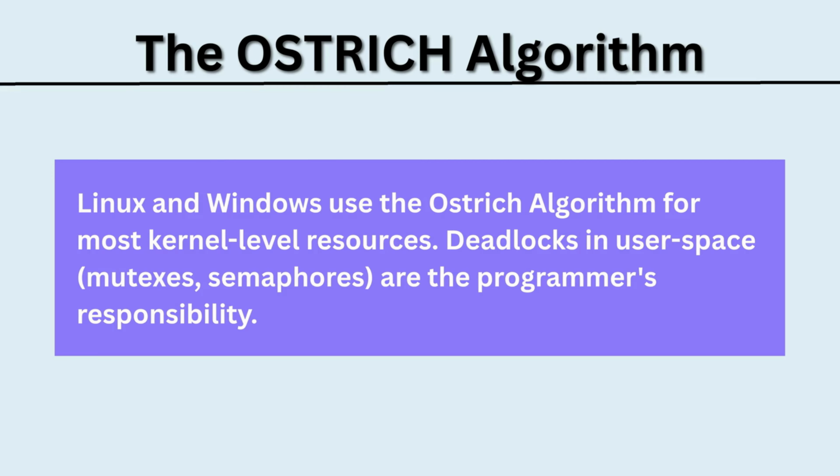Deadlocks in user space, your mutexes, your semaphores, are the programmer's problem. The kernel doesn't help you there. So when you are deciding how to handle deadlocks in your own system, the first question is, how often do they actually occur? The answer determines which strategy makes the most sense.